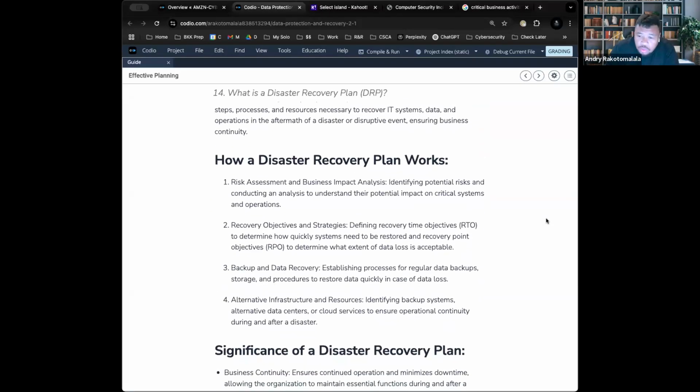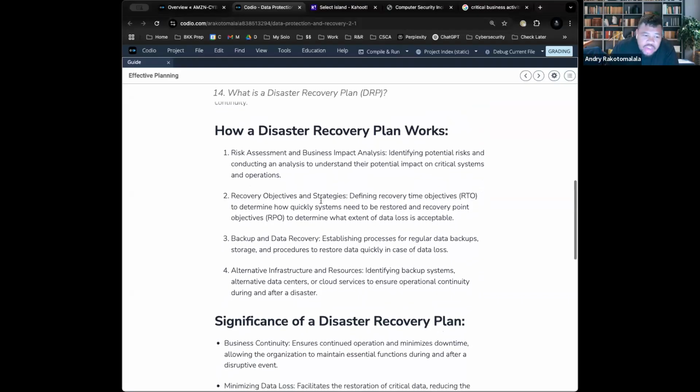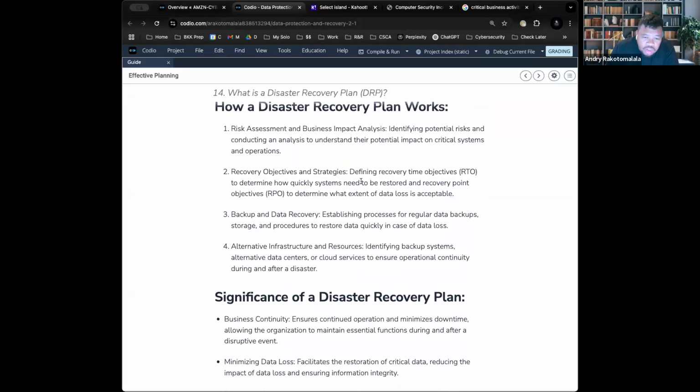All right. So, just like how you do the BCP, you do a risk assessment, right? And then you do a BIA, called a business impact analysis. You do a risk assessment and you look at all the business impacts if something were to happen. After that, you come up with the recovery objectives. So, this is where RTO and RPO come into play.